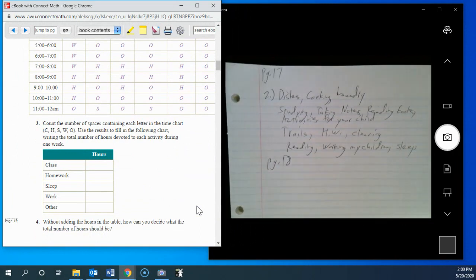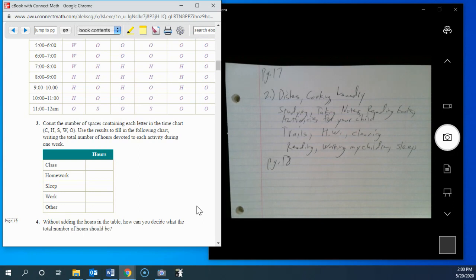It says, count the number of spaces containing each letter in the time chart, CHSWO. Use the results to fill in the following chart, writing the total number of hours devoted to each activity during 1 week.